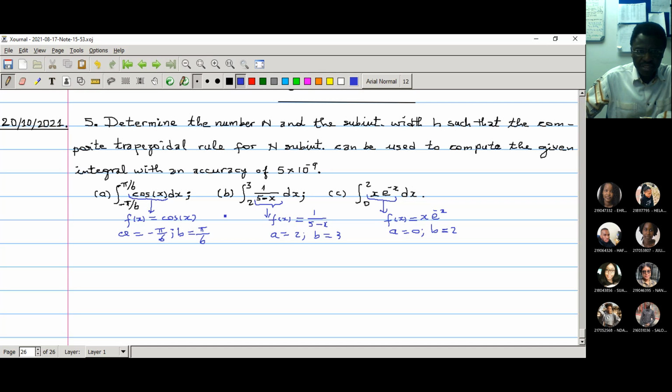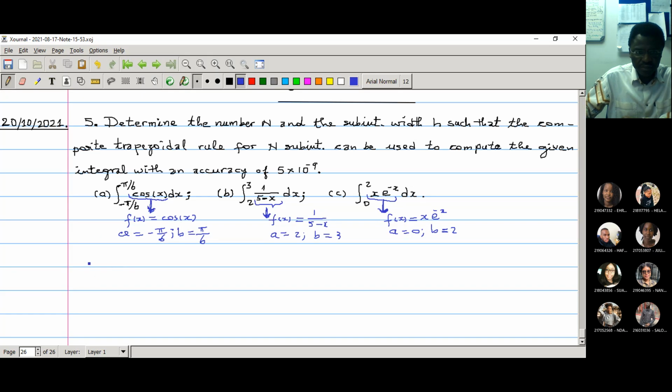Okay, now what you will need here to determine the value of n, remember, you need the error term. If you recall. And now, what is the error term for the trapezoidal rule? I want somebody to tell me. Because if you don't recall that formula, you will not be able to do this. I'm listening to you.